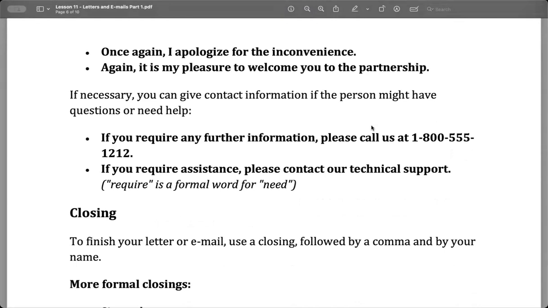If necessary, you can give contact information if the person might have questions or need help. If you require any further information, please call us at 1-800-555-1212.